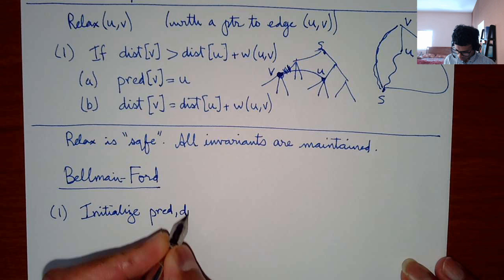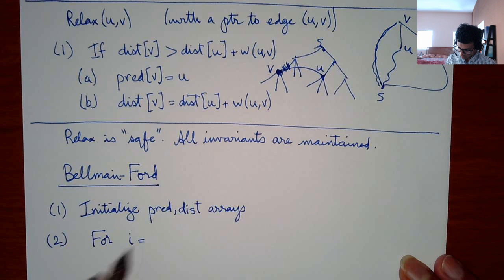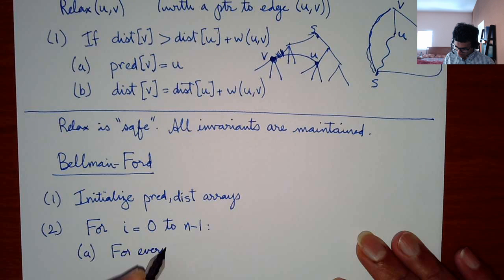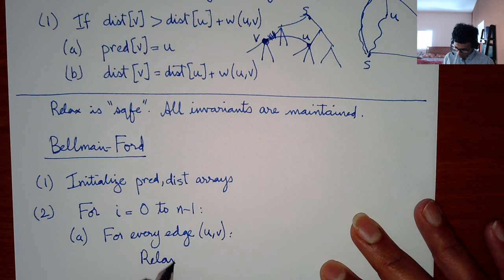The second step is for i going from 0 to n minus 1, and you can even improve it from 0 to n minus 2, it doesn't matter. For every edge uv, so this is a traversal, just call relax uv, and that's it. That's the entire algorithm.